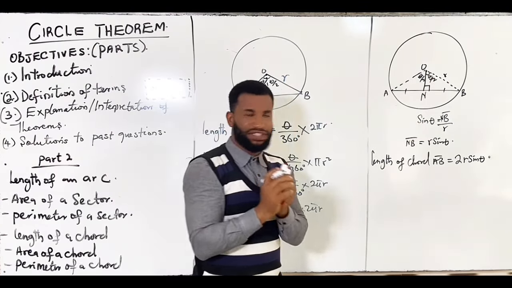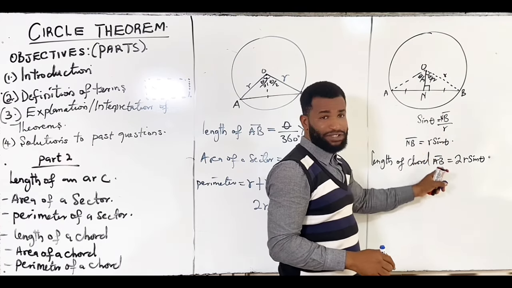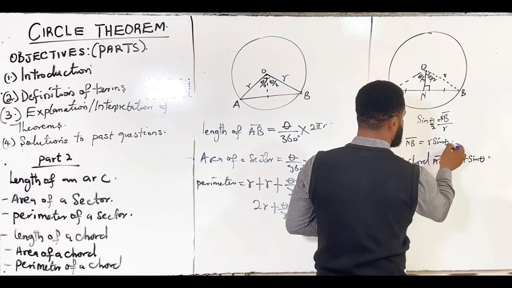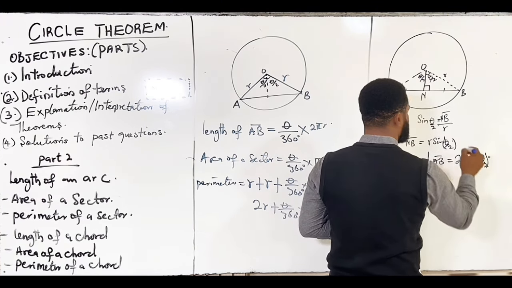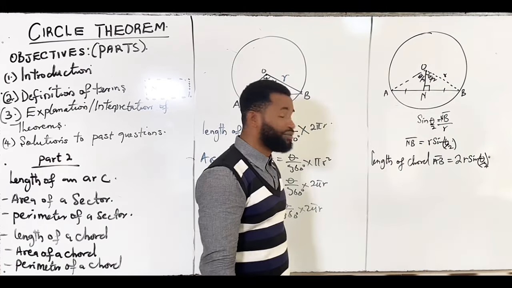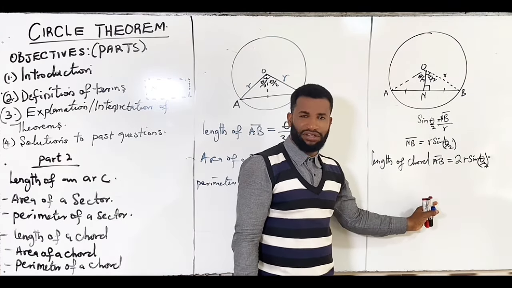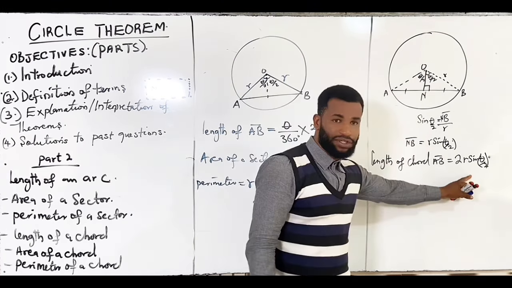But whatever it means, any angle you give here, applying this principle, you will still get your answer. So let me put it as sine of theta over 2, just for uniformity with other textbooks. Remember what I'm doing is proof, and it is true for any of this chord for now, since mathematicians have not changed it. Alright, so this is the length of the chord.